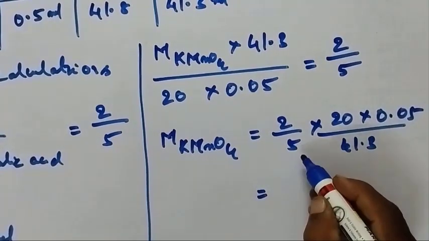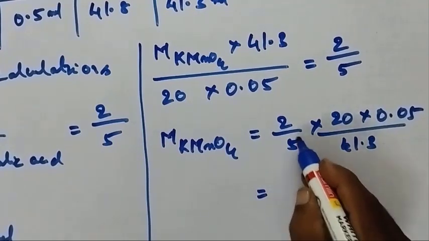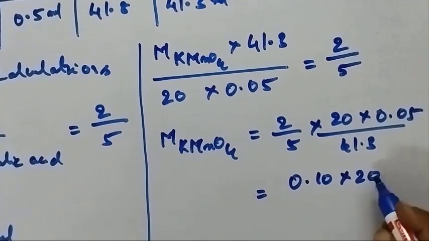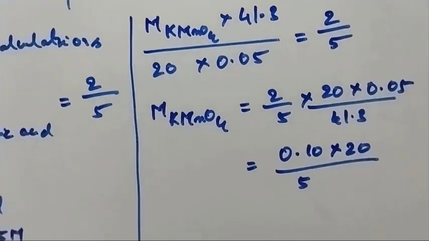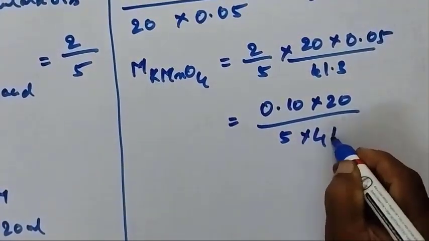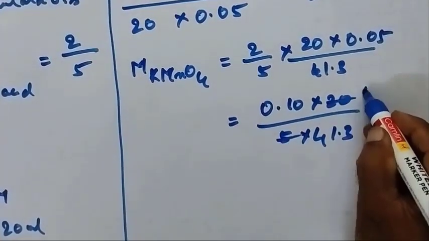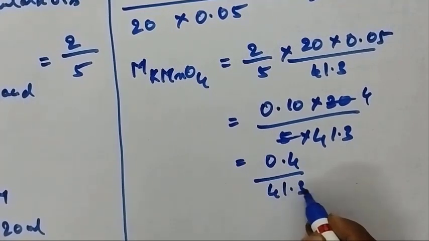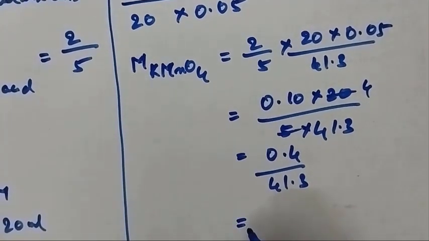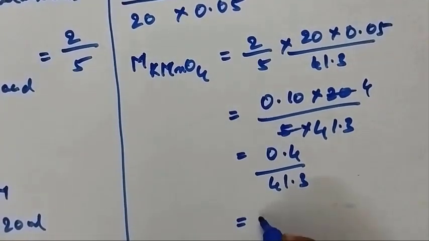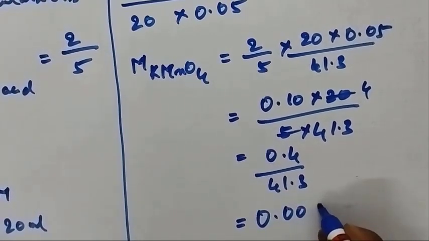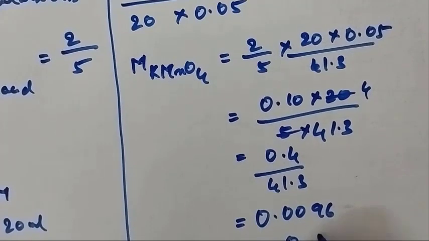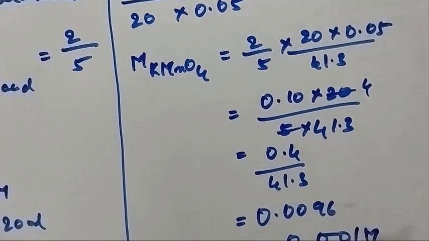This is nothing but 0.4 by 41.3. If we calculate this, the final value we got is 0.0096, which is approximately 0.01 M.